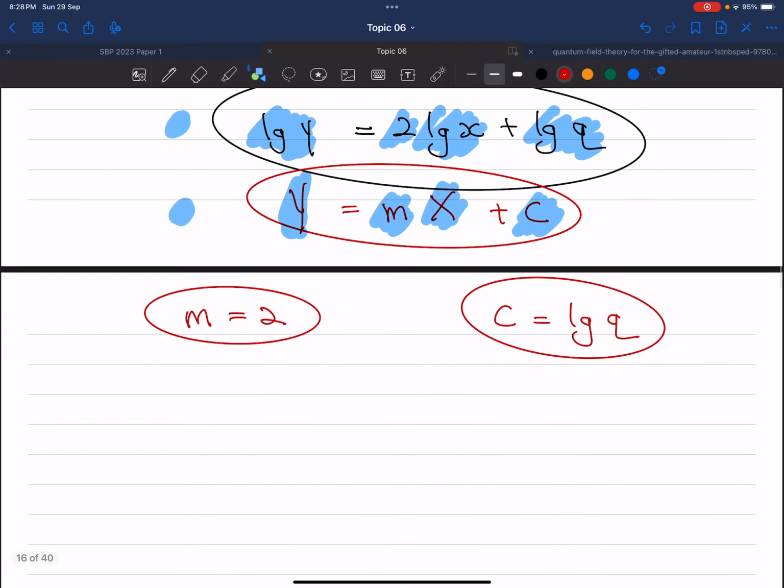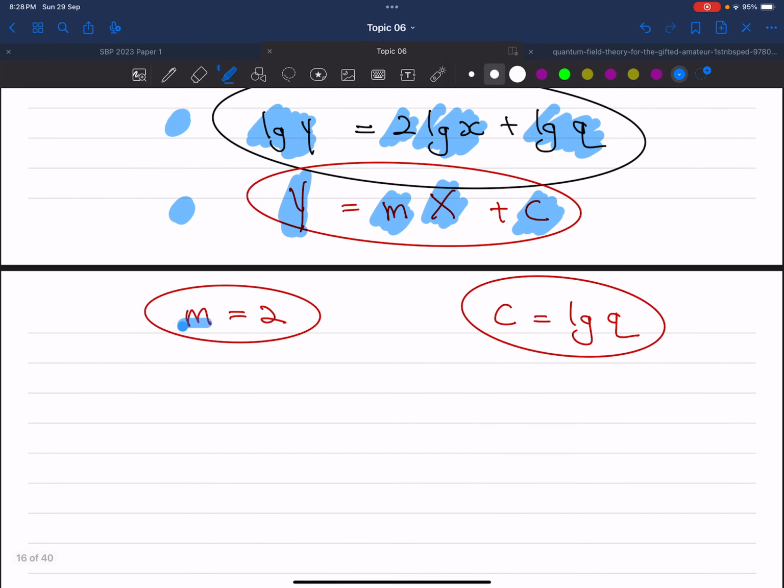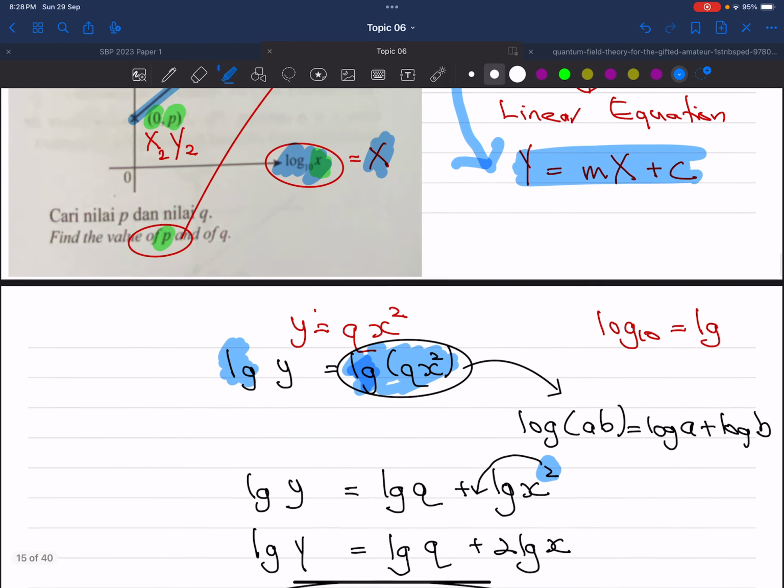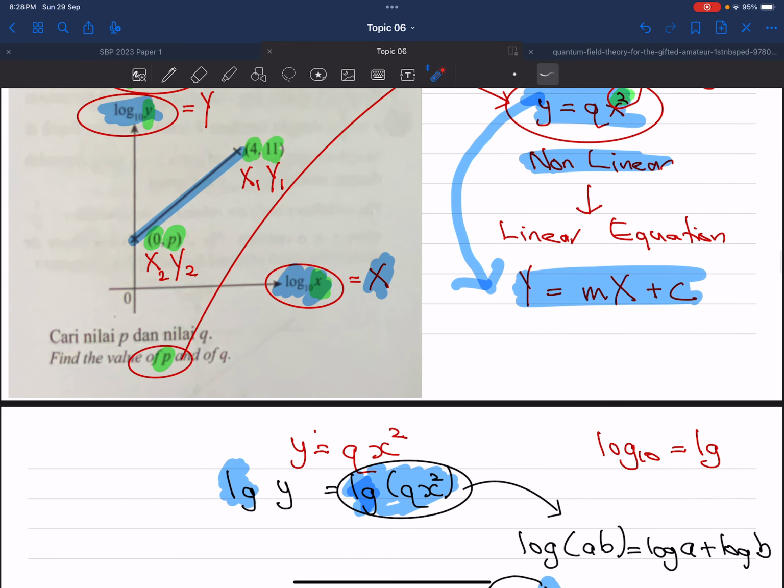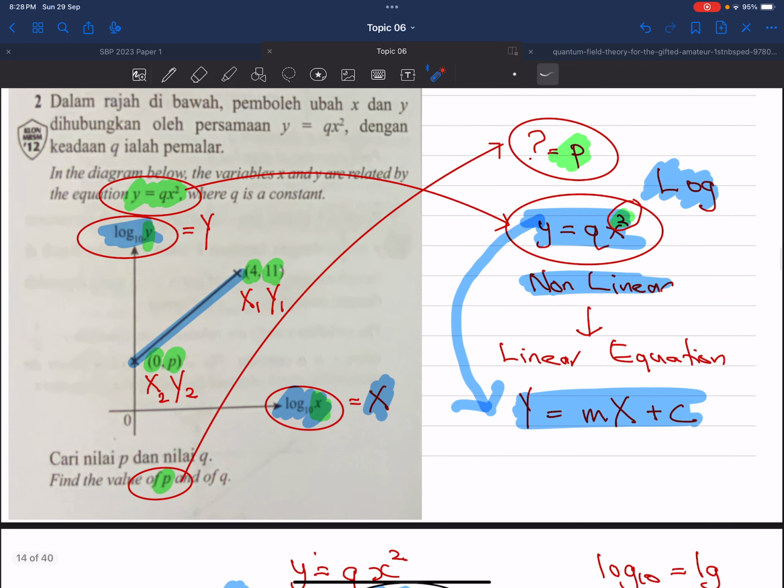Okay, now I'm going to use the gradient. Why? Because we are given a straight line with 2 coordinates, and the P that we are looking for is in one of the coordinates.